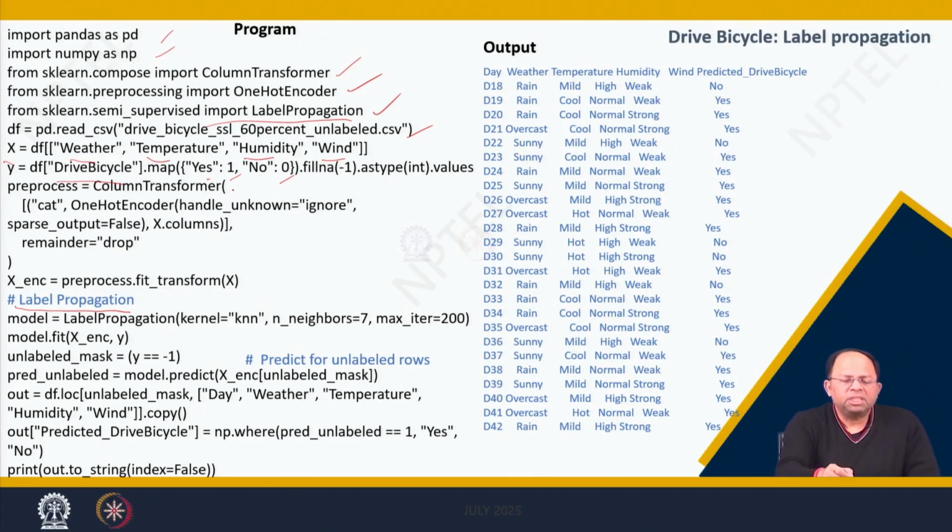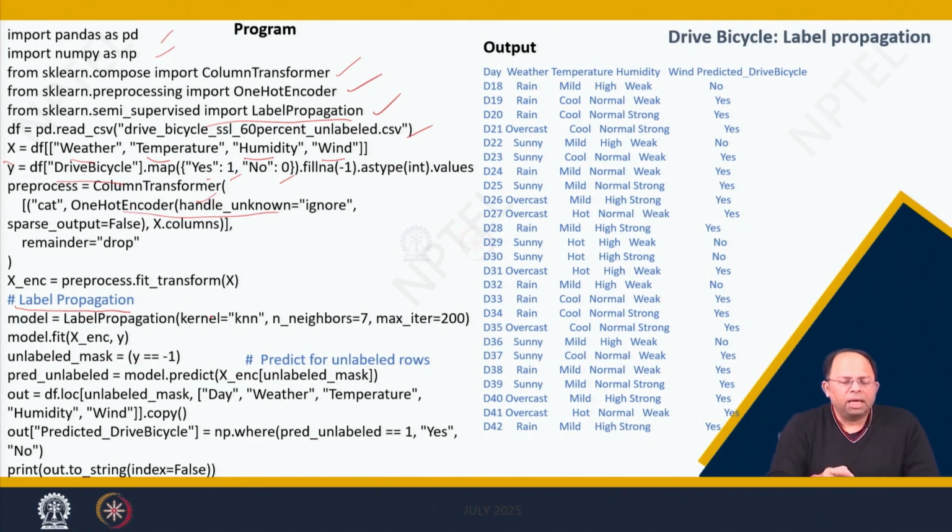Then the pre-processing step is, of course, the column transformer, which transforms all the categorical to numeric values. So that is what is being done over here. And then the model has to be run, of course.